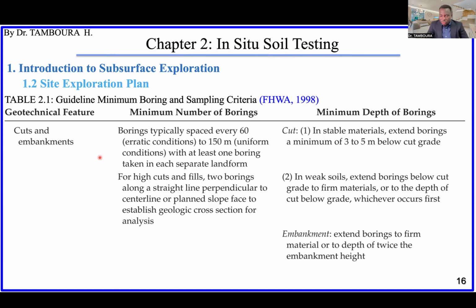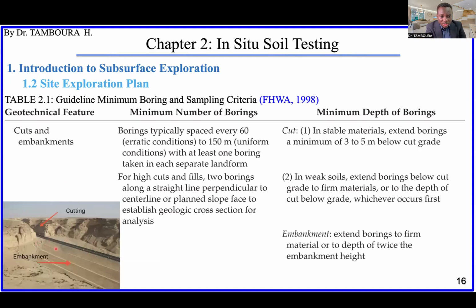Okay. And of course, sometimes, maybe almost every time, you need to do embankment to get a desirable level for your road. Okay. So if you don't understand, here is an example.